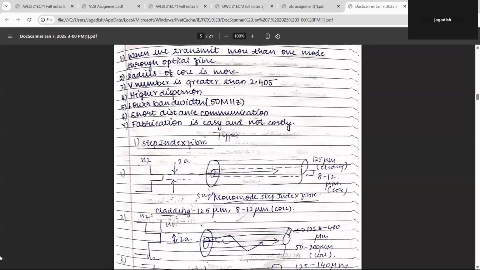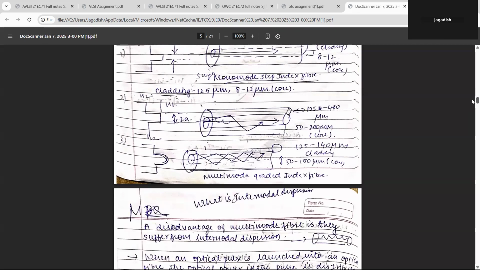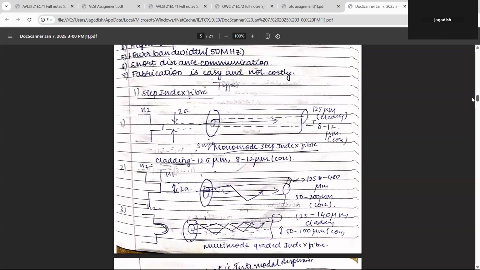So this is another very important question, the step index fiber diagram. They have mentioned this in the textbook. You have to show this n2, n1. Single mode, mono mode step index fiber, how it will look. You have to remember these values. In the textbook the diagram is there, so you can refer to it.